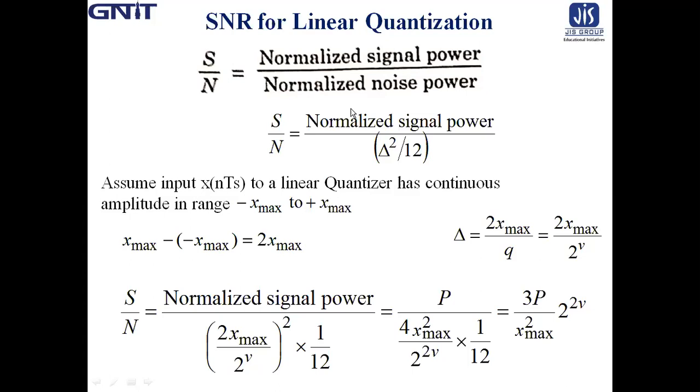Now we know that the number of bits is V and the quantization levels Q is equal to 2 to the power V. Let us assume that the input x(nTs), that is the nth sample, to a linear quantizer has continuous amplitude in the range minus Xmax to plus Xmax.